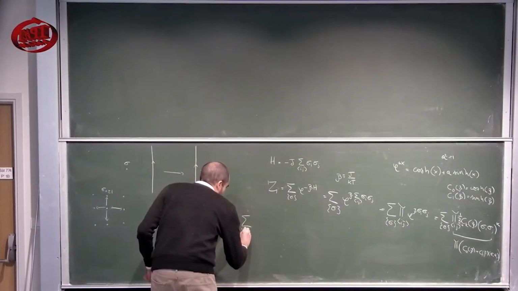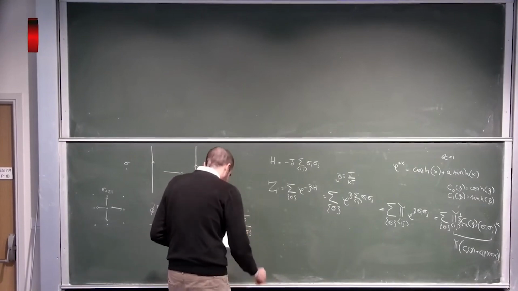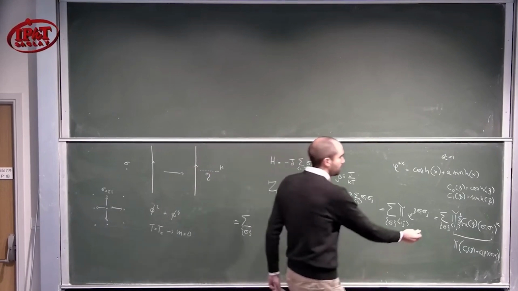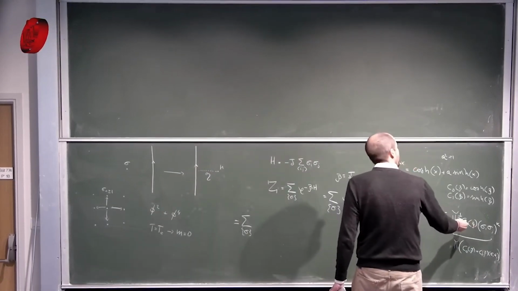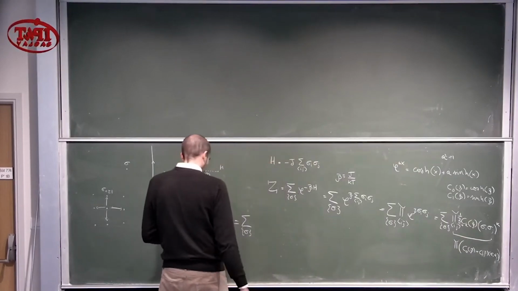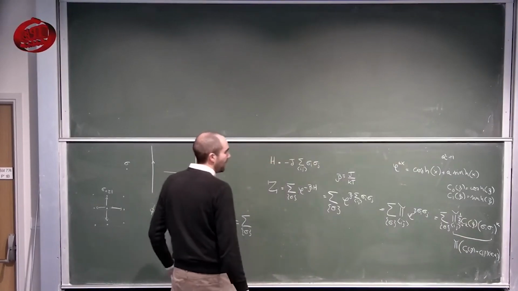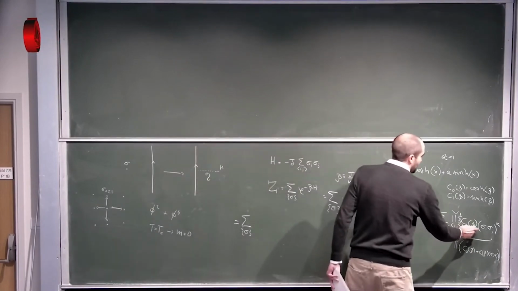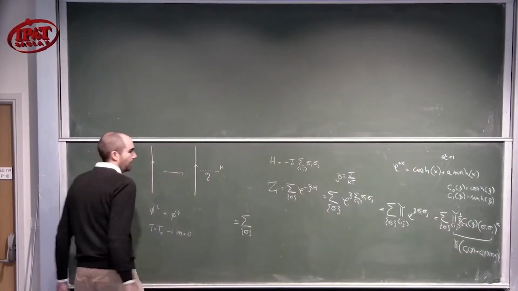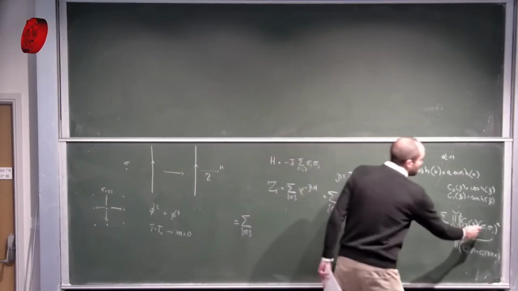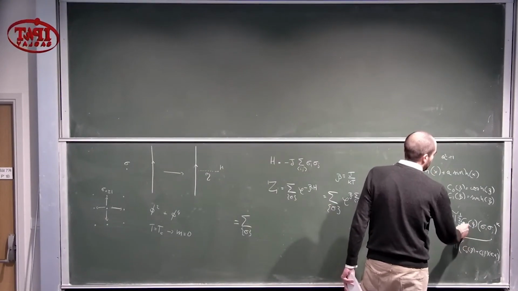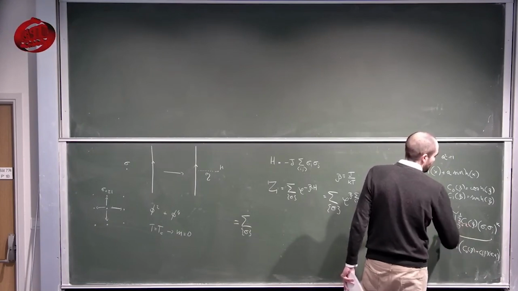I still have the sum over the configurations, but now I can move out of the product over nearest neighbors this factor of C, if I keep track of the fact that there are as many of them as there are links in the lattice. So for essentially each pair of spins that I can take in the lattice, I'm going to have a factor of C in this product.